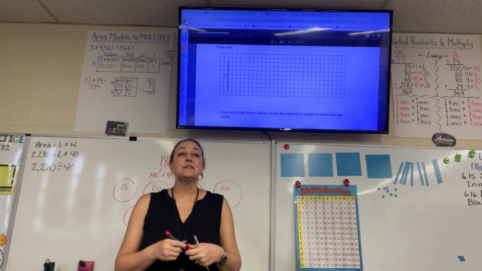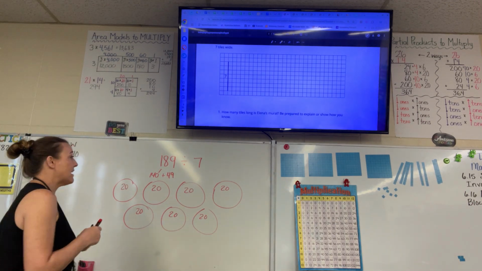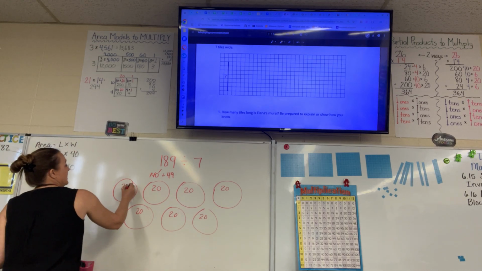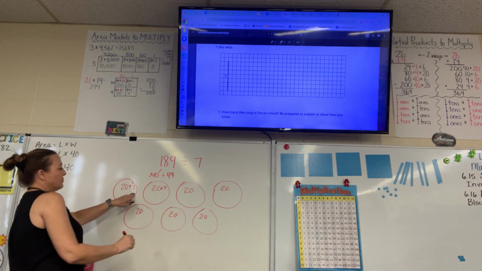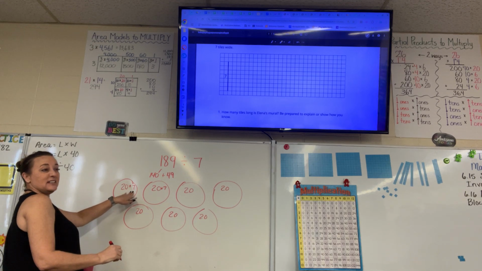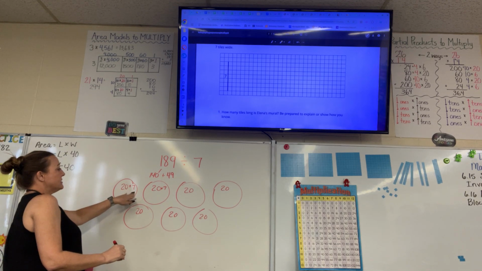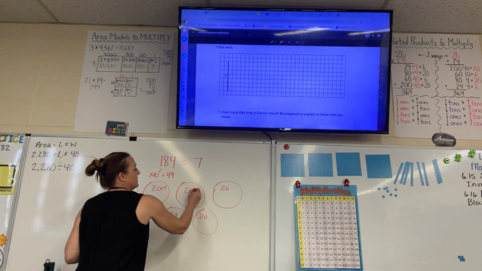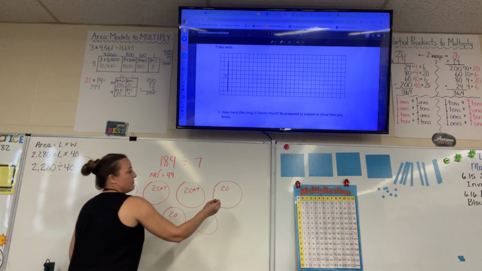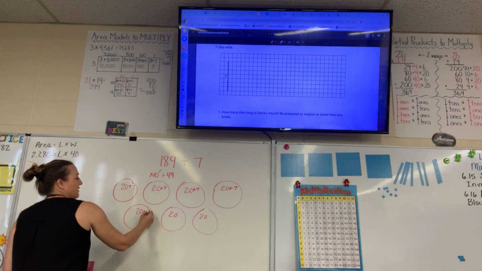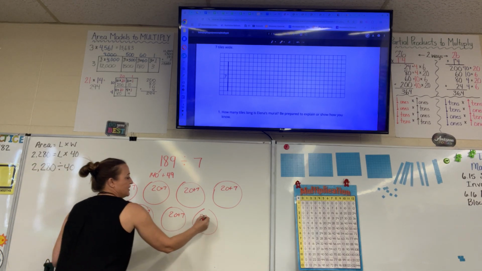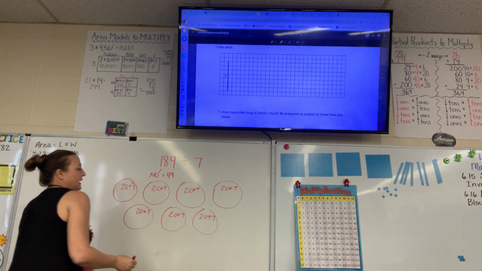That means if we split 49 into 7 groups, then there would be 7 in each. So let's put 7 in each group in addition to the 20. 7, 14, plus another 7's 21, 28, 35, 42, 49.